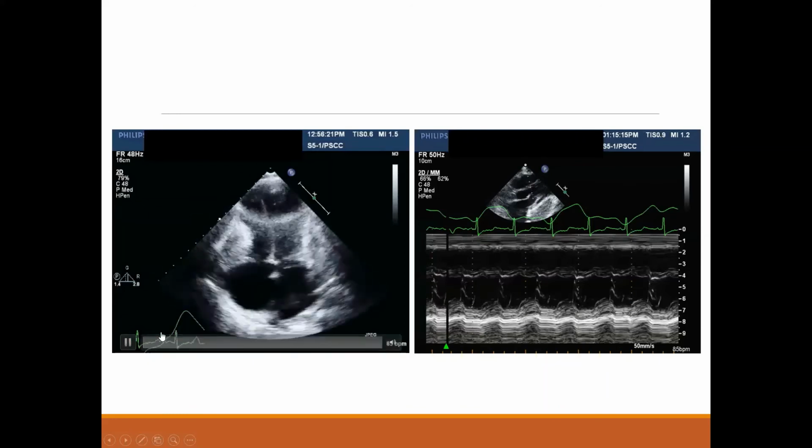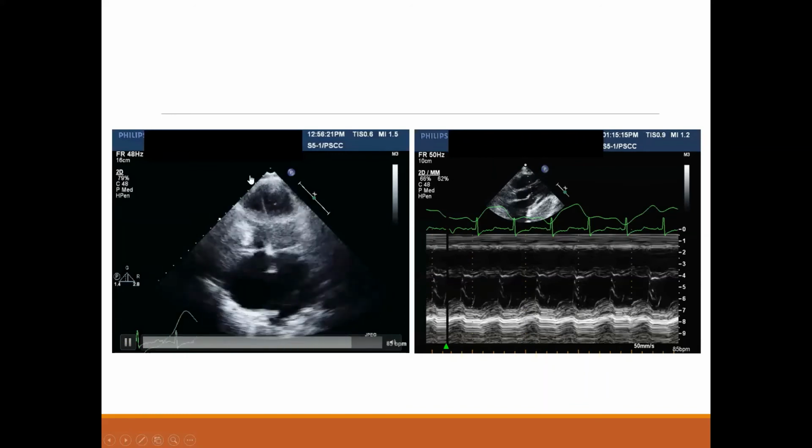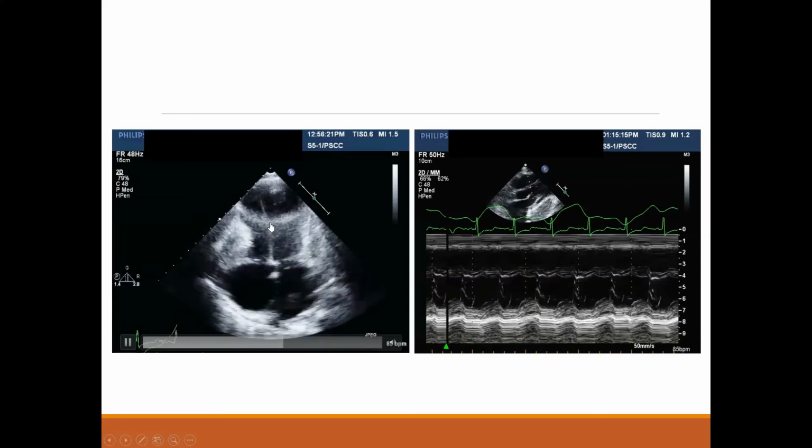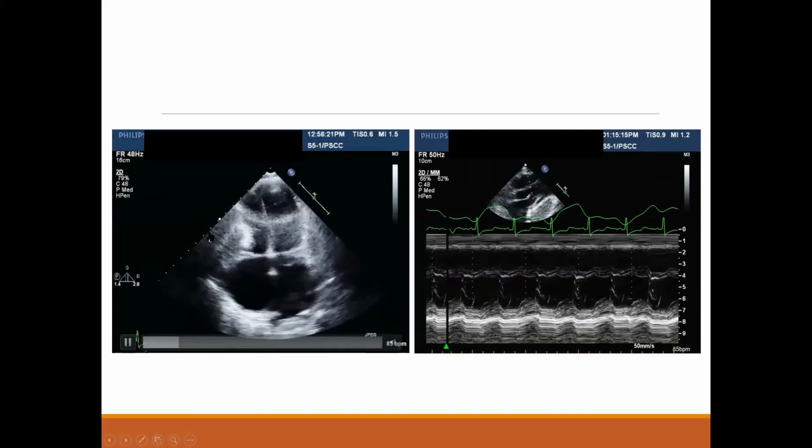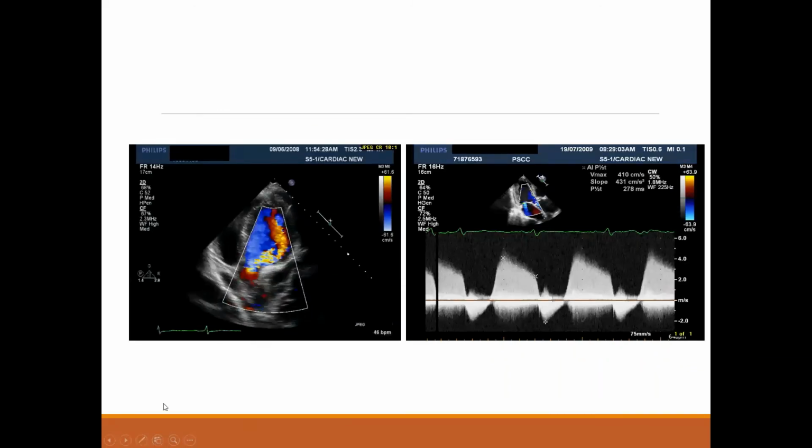So if you are not long enough in taking the loops, you might miss the bouncing, because the bouncing is not beat to beat. The bouncing is inspiration, expiration, the rate of which is much slower than the heart rate. That's why you have to be patient and take at least 5, even 10 beats to pick it up, or else you might easily miss it. But remember, bouncing is not beat to beat. It's respirophasic.